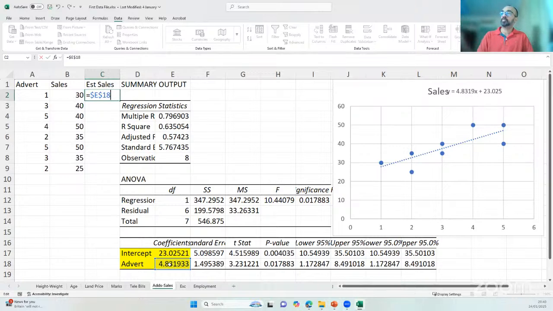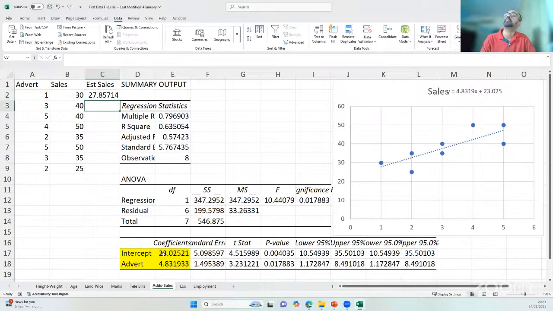I put dollar signs to be able to copy it down so that its value will remain the same. Times the X value, right? And that plus the intercept value. For that also I will get the dollar sign with the F4, right? When I press F4, function 4 key, it will add two dollar signs there. Okay, so I get that value, 27.857. Now I copy down.